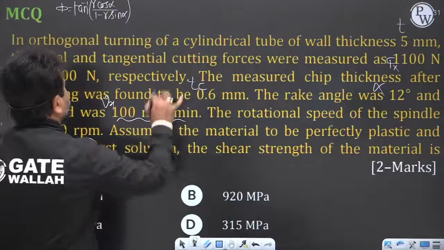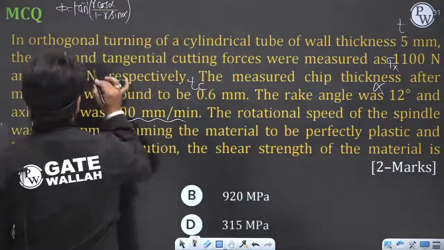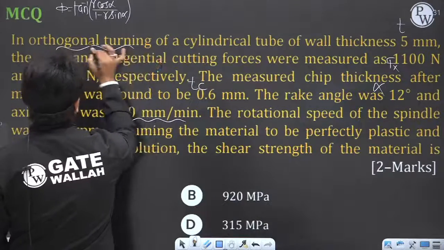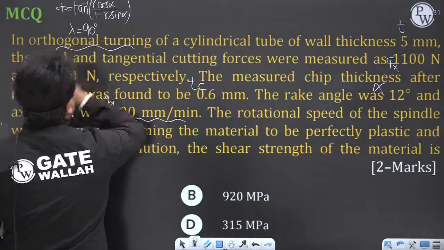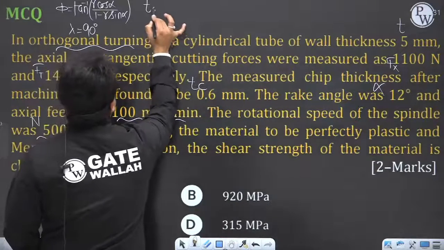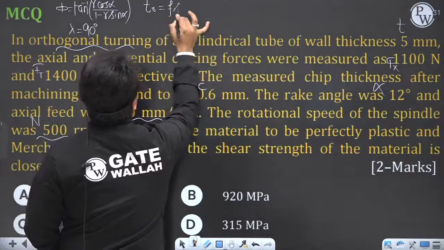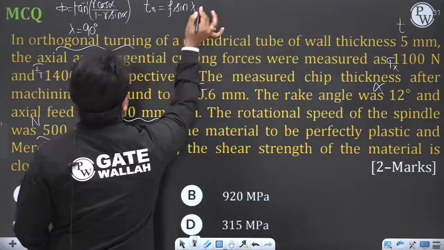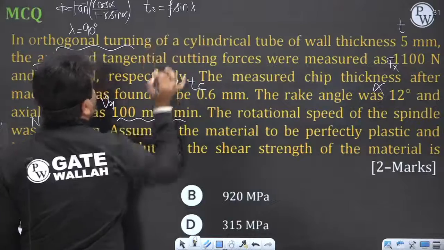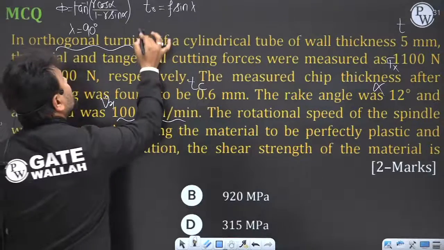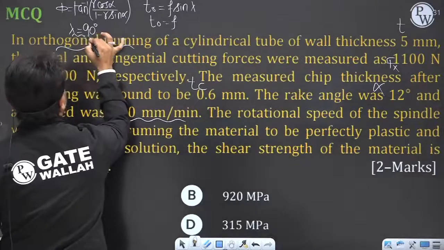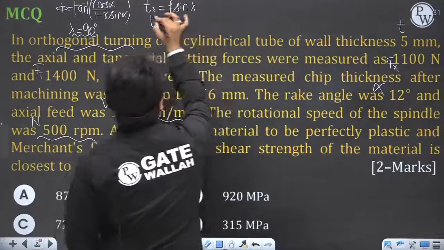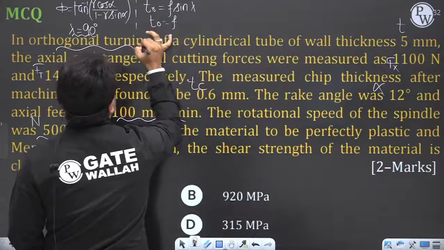So here, this is orthogonal turning. Orthogonal turning means lambda, approach angle, is 90 degree. T naught equal to F sin lambda, right? And we don't know the F here. But T naught equal to F, because lambda is 90. So first of all, calculate the feed.